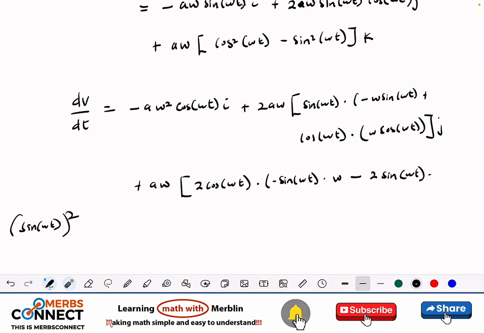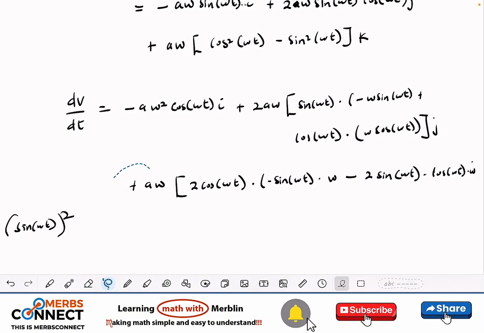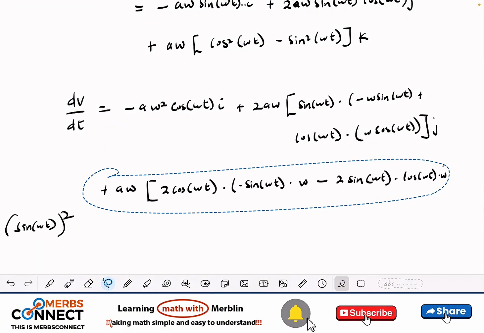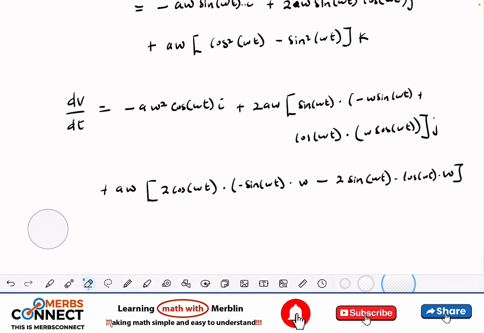Omega t times, then when I differentiate the sine, I'm going to get cos omega t times omega. So this is kind of a lot here. Times omega. Good. So this is the final one. We just need to simplify it and then we are done. So I'll add the k to it.